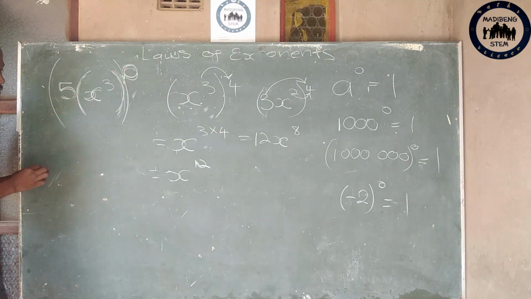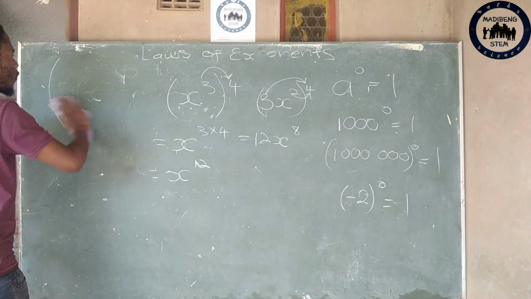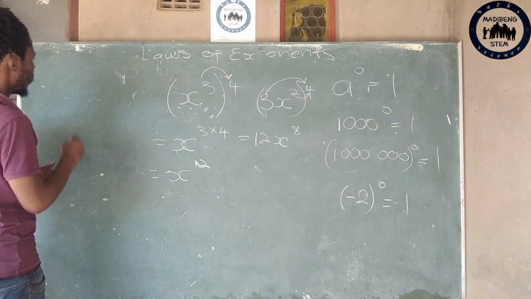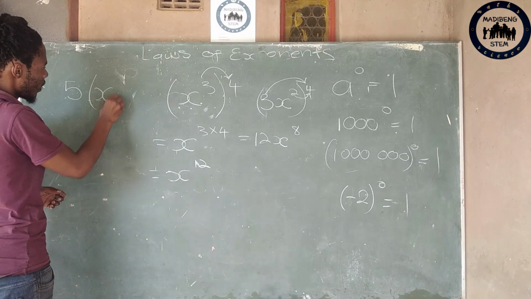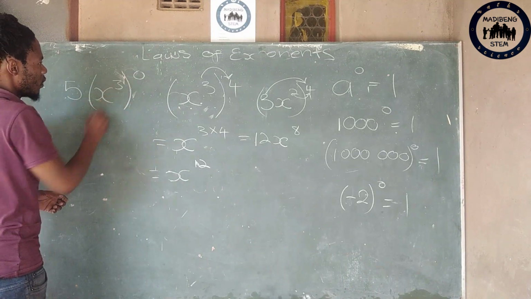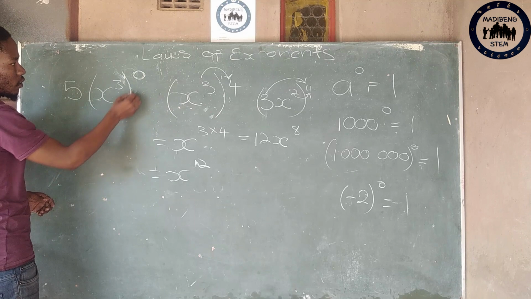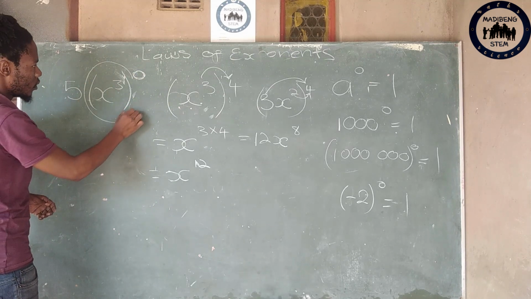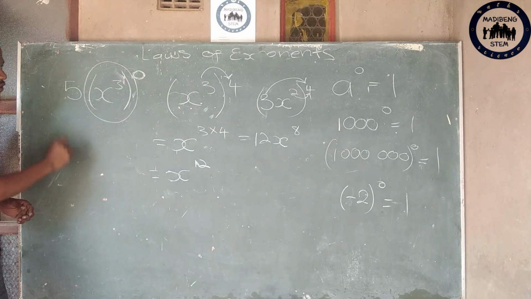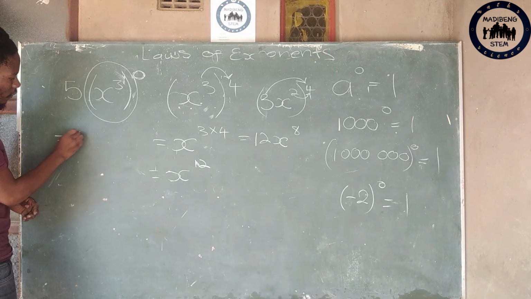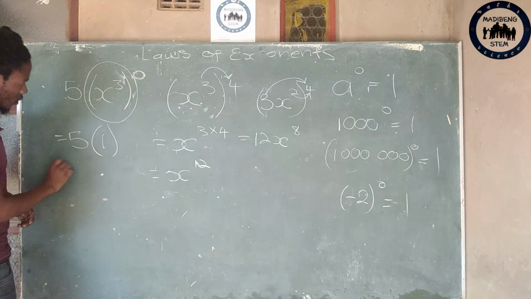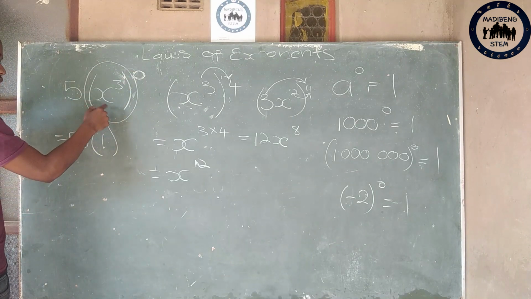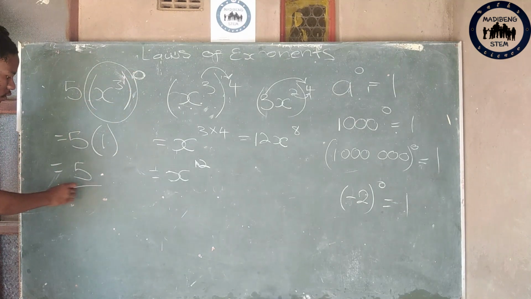You understand? So if you find something like this, don't be tricked. Just remember that this exponent is for this term only, not 5. So this gives us 5 times 1, and the answer is 5.